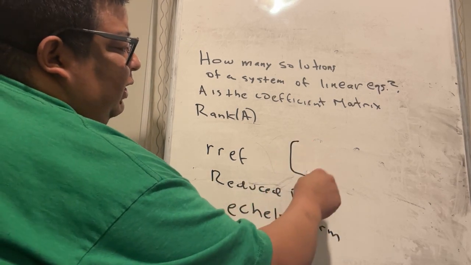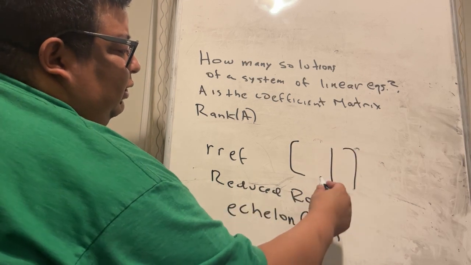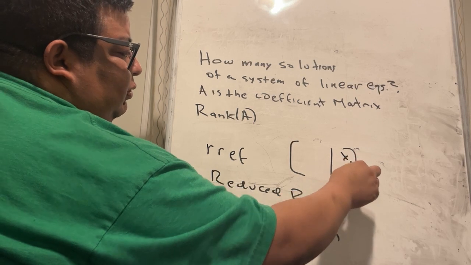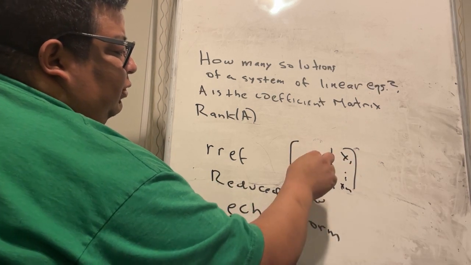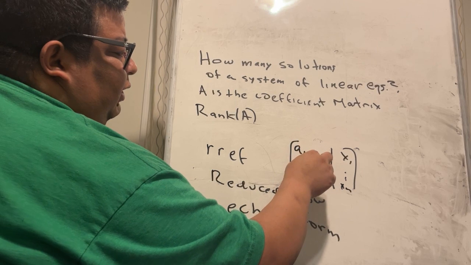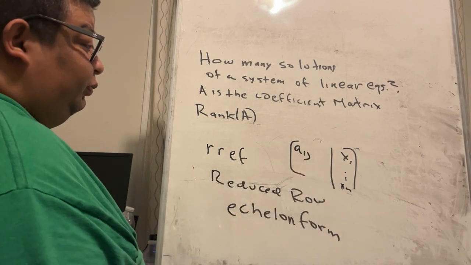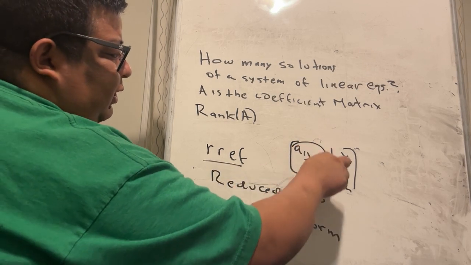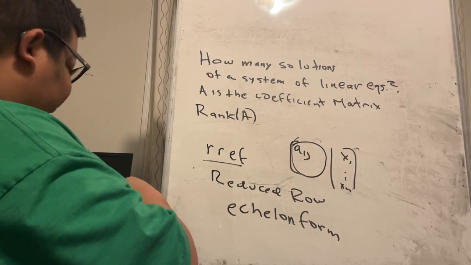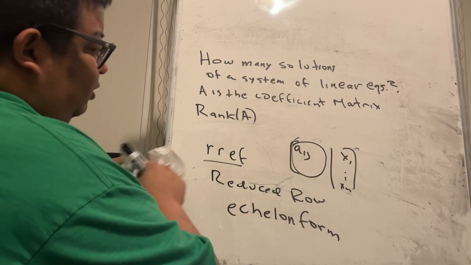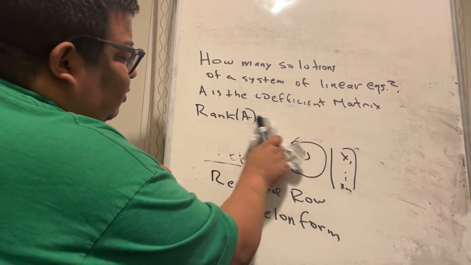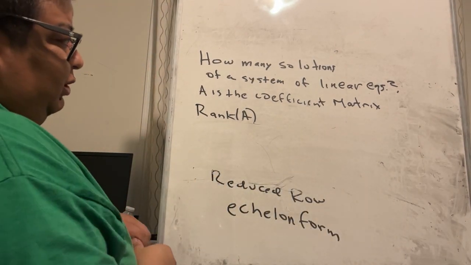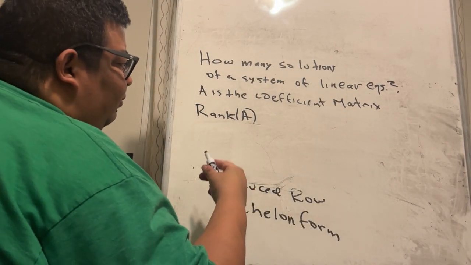But remember, when we did that, we included your x vector and your coefficients, your Aij, what we were talking about. Here we're only gonna concentrate on the coefficient matrix. To find the rank of A, we need to transform the matrix into a row reduced echelon form.